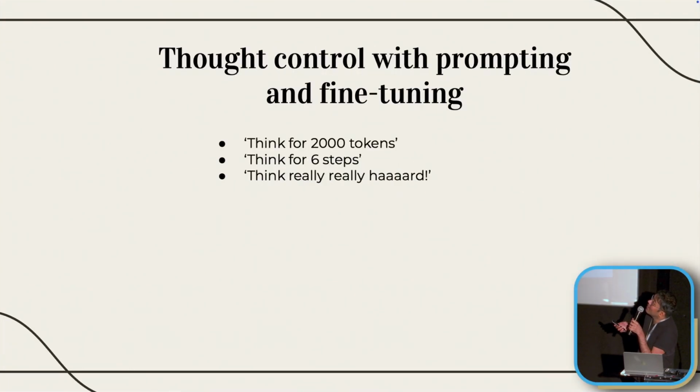Okay, so the other thing you can do: can we just prompt our way through it? Think for 2000 words, think six steps, think really, really hard. Does any of this work? Maybe in future they will work, and then you can just prompt your way through it. But as of now, it doesn't really.